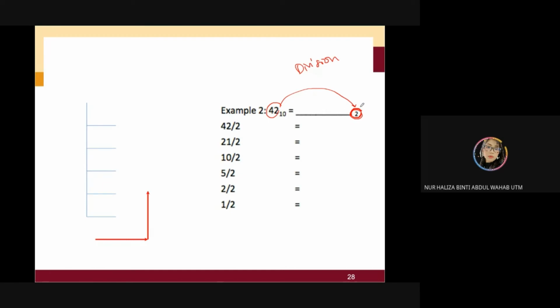Okay, now let's take a look at what basically happens. 42. What are you going to divide with? You're going to divide with 2. What is your answer? 21.